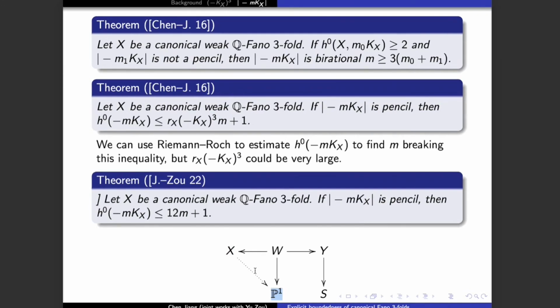This rational map is defined by this linear system, and we can resolve it by some resolution, say W to X and to P1. And here, remember, we have another model. This model is very useful in proving the upper bound of the volume, and we also apply that model here. So we have a model from Y to S, which is also a fibration.